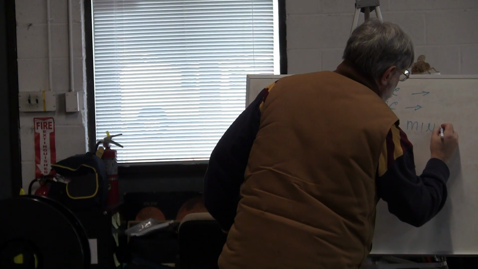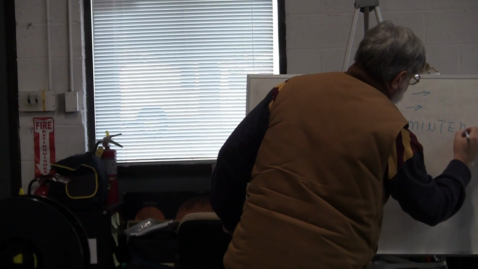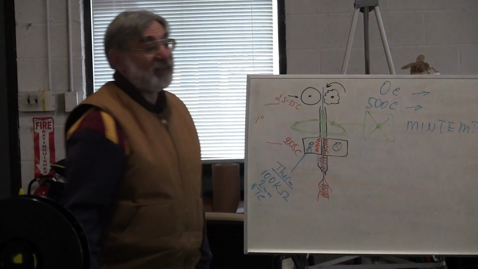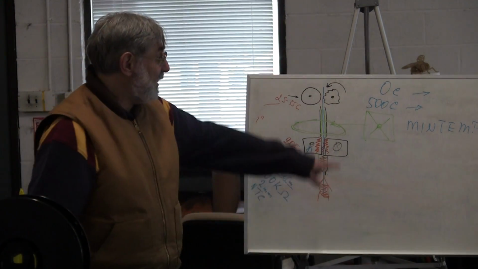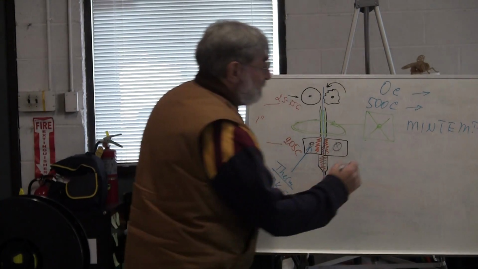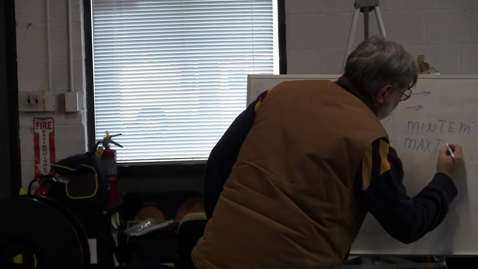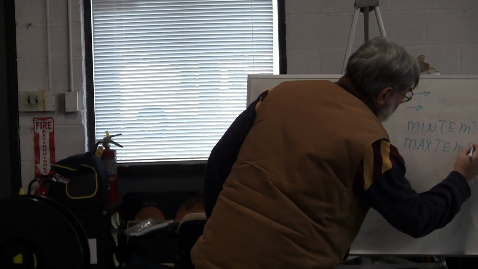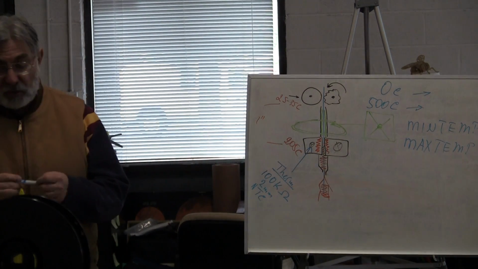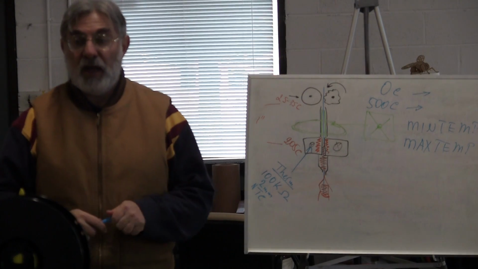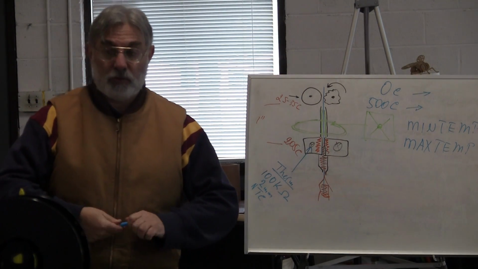Okay? Some controller systems are smart enough to say min temp, meaning minimal temperature has been reached. That's the same as zero. And sometimes they will also say max temp. Both of those mean that there's something wrong with the thermistor, and we ought to take a look at what's wrong with it.